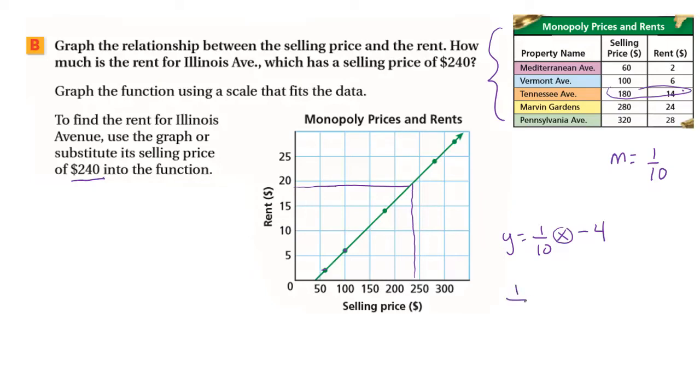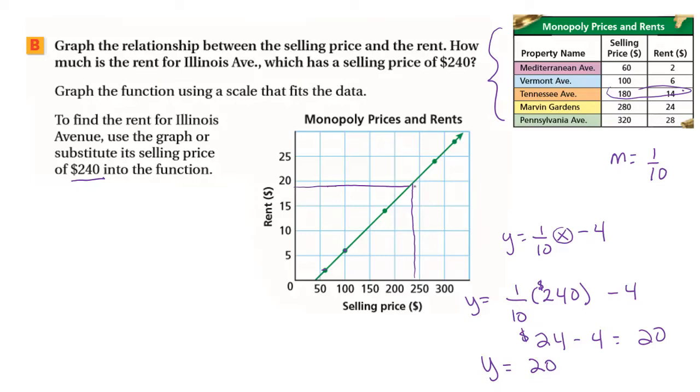So 1/10 times $240, and then minus 4. That will be our y, which is our rent. 1/10 times 240 is actually $24. Minus 4 equals 20. So y equals 20. And I think that's a little bit deceiving on our map here.